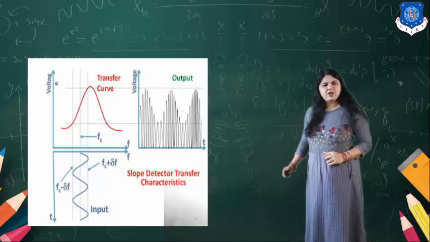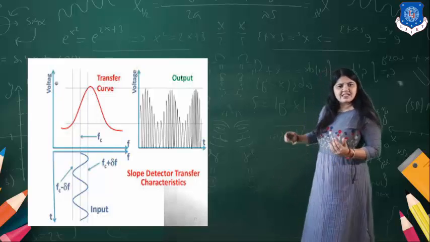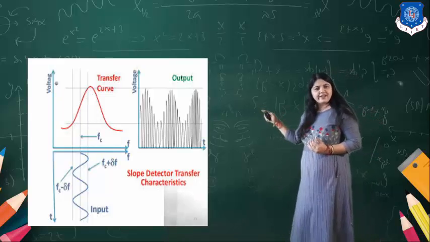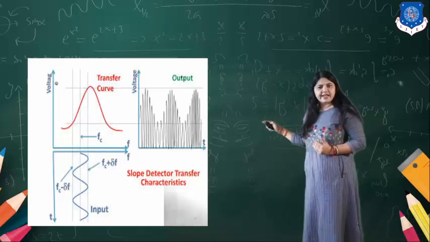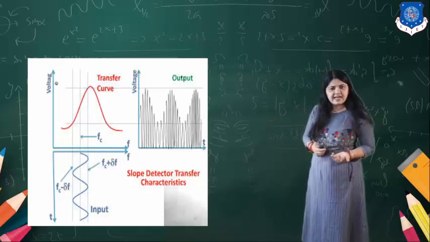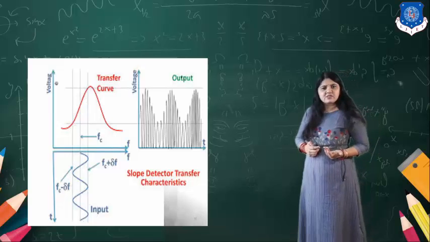Another way we can say it is the transfer curve that we find using the slope detector, where the frequency changes.